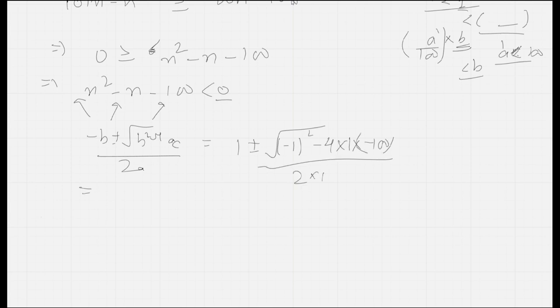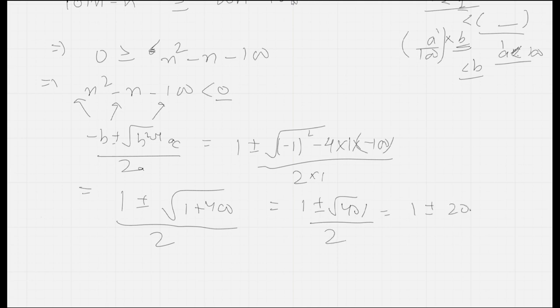This is equal to 1 plus minus root over 1 plus 400, upon 2, which is 1 plus minus root of 401 upon 2. This is 1 plus minus 20 point something, upon 2. So 20 square is 400, so this would be slightly greater than 20.